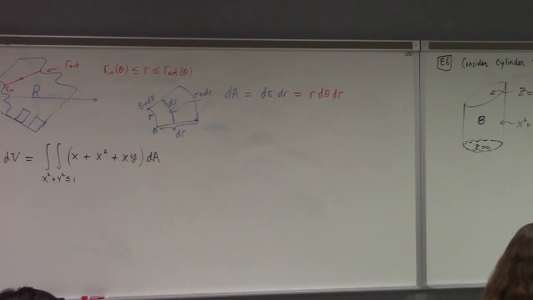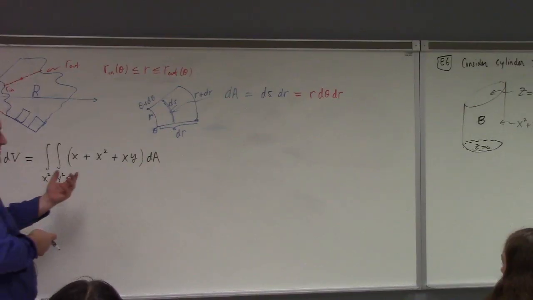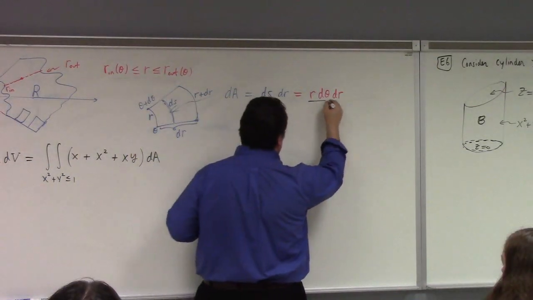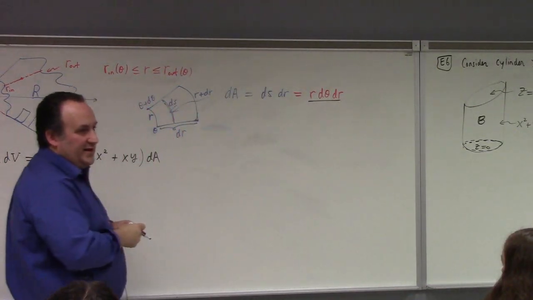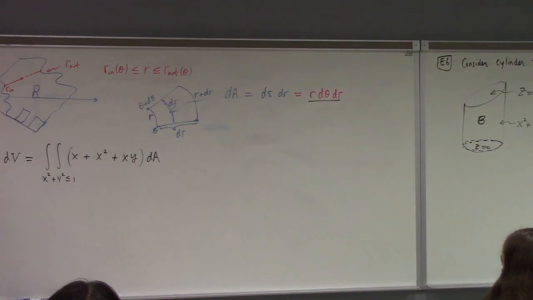So the change of variables theorem simply says that dA is this, and when we do change of variables, we have to make the substitution and change the bounds as appropriate. So what is the unit circle in terms of polar coordinates?